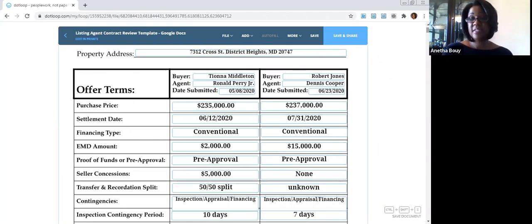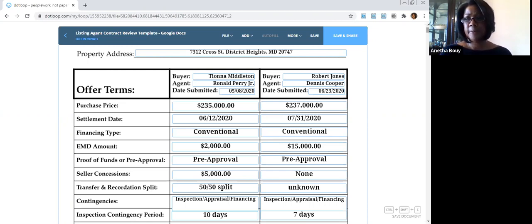And as I said, even once we have provided that information to them, another layer of confirmation or verification that I do is I will contact the lender, and I will ask the lender questions just to make sure that my seller is selecting the offer that is going to best work for them.